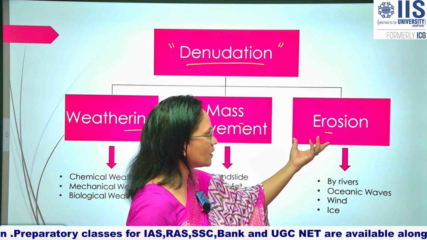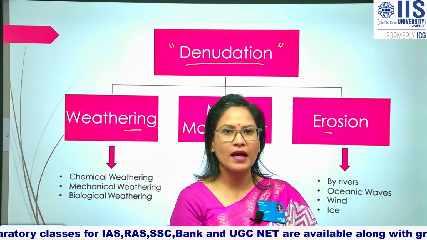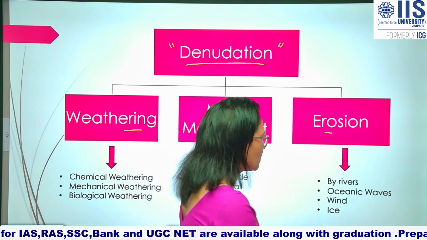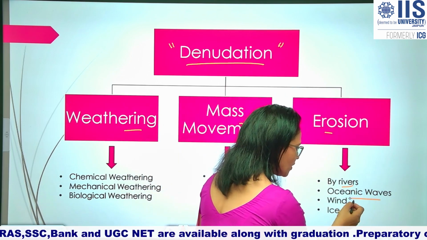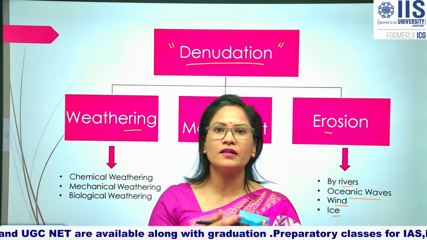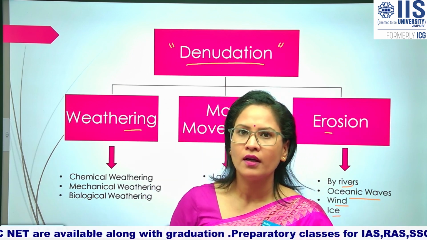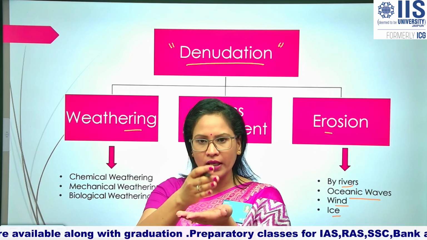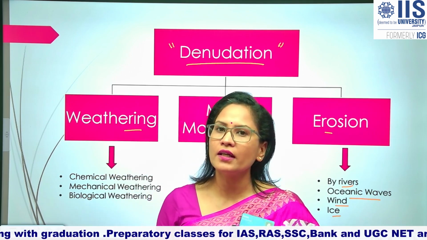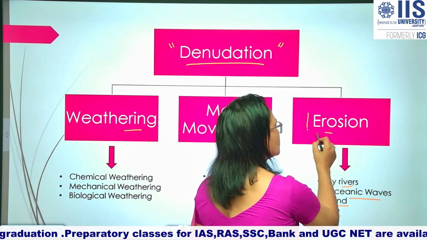What does erosion mean? It means that by some kind of agents, may be a river, an oceanic wave, wind, or ice, if the disintegrated part of any rock is moving from one place to another place via some agent, then it will be known as erosion.